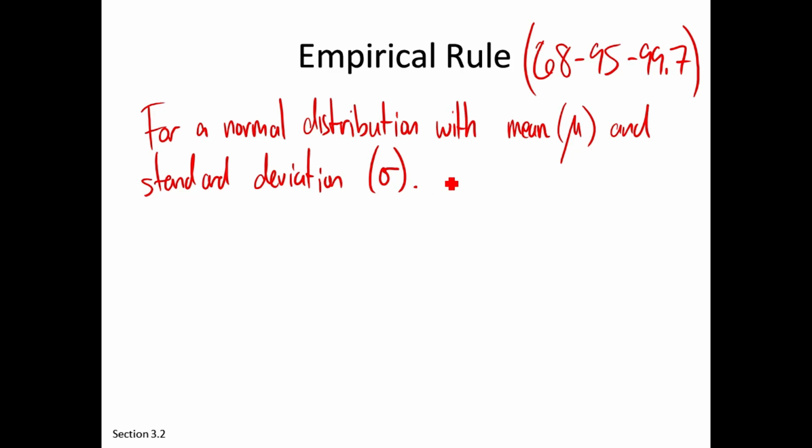What does empirical mean? Does anybody know what that word means? To derive something empirically? No? There's a difference.